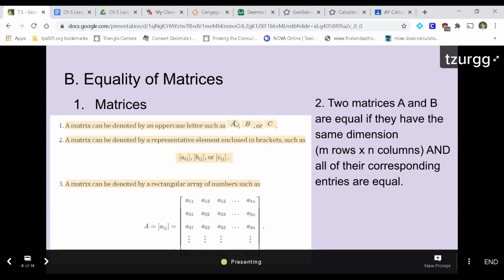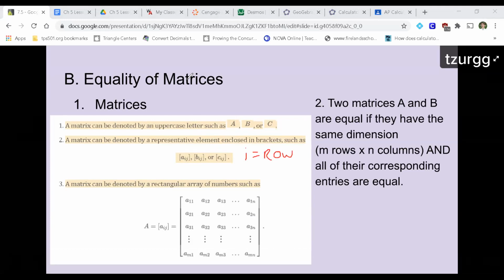So if you were talking about matrix A, you would use lowercase a here. And then 2 subscripts, ij, where the i tells you what row the element is in, and the j tells you what column the element is in. So this element right here, a sub 1,2, is in the first row, second column. This element is in the third row, first column.